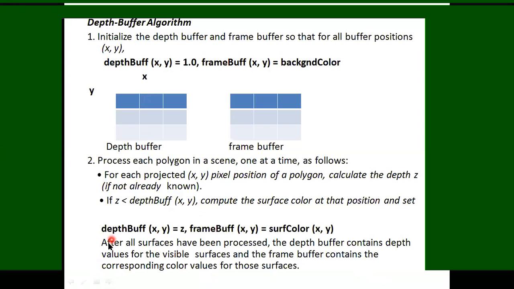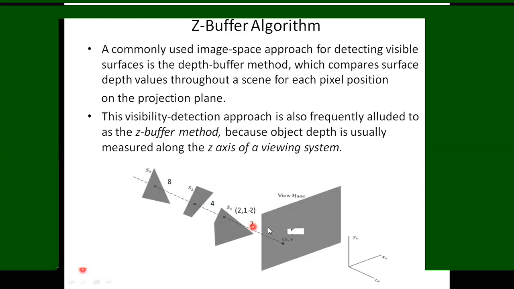On the same lines, it will start calculating the z values at each and every particular pixel position. If I take any pixel position, that corresponding pixel position for this plane, for this plane, and for this plane, I will compare the z values, and whatever the less z value is there.